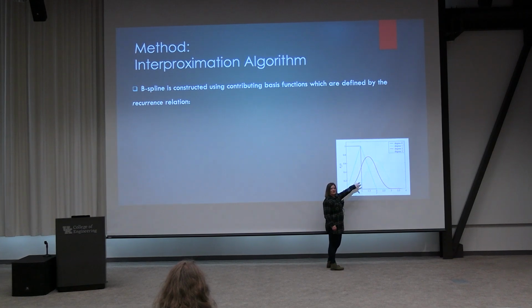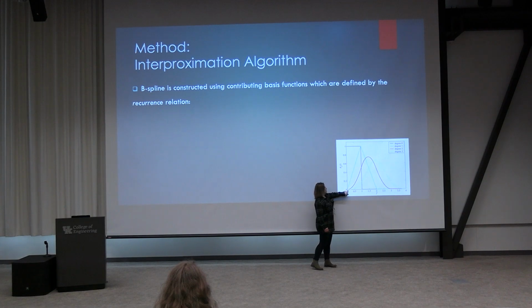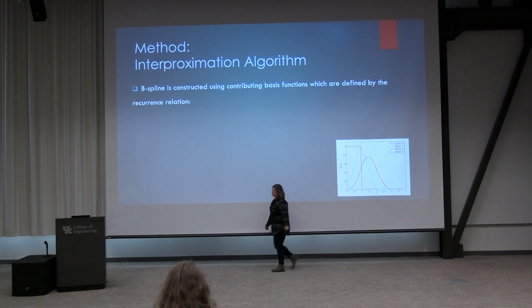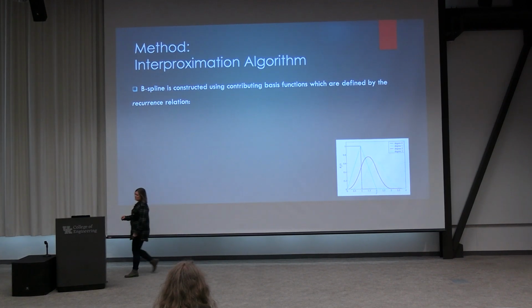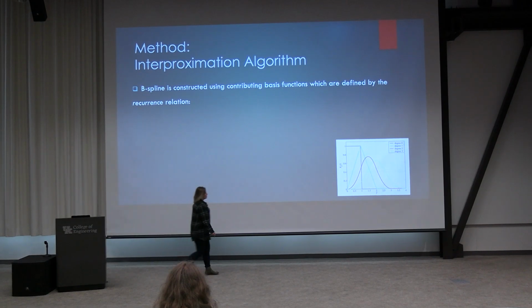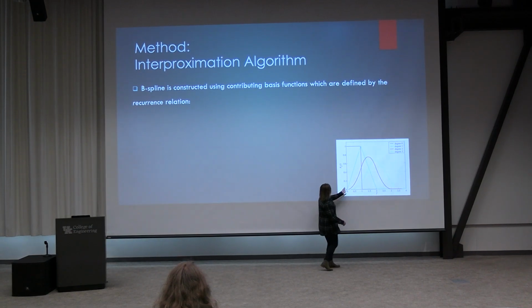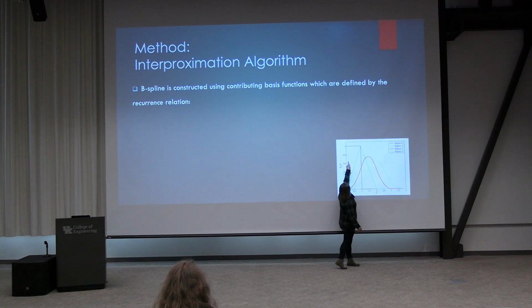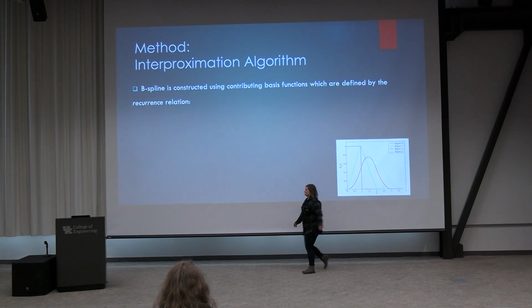So you can think about this as a step function, and it would have a value of 1 at the knot where it starts. Everywhere else, it's going to be 0. So this is 0 degree, first degree, second degree, and third degree.